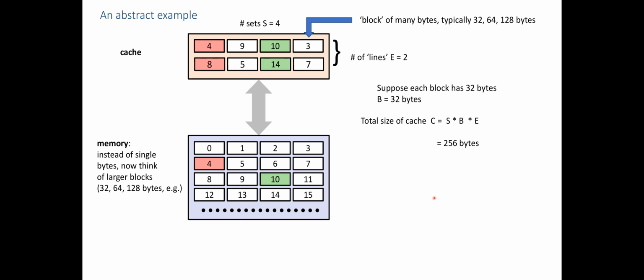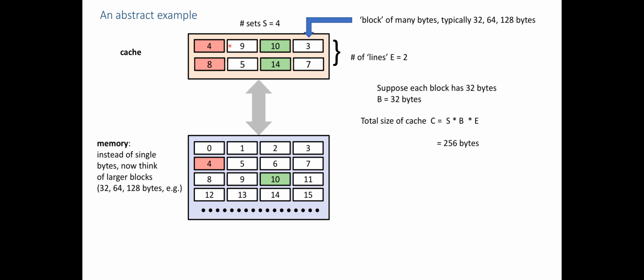Now we had seen a picture like this previously, with the idea that we've got some main memory here. It's really quite large, and we're going to separate it into blocks. In this case, the blocks are going contiguously this way. And up here we have the cache.